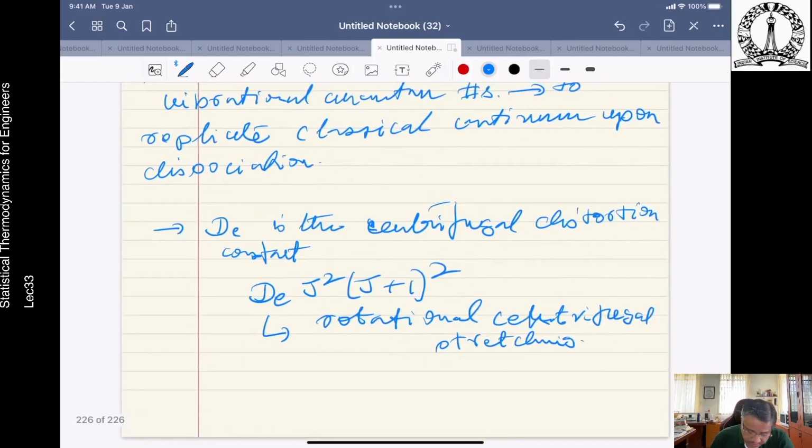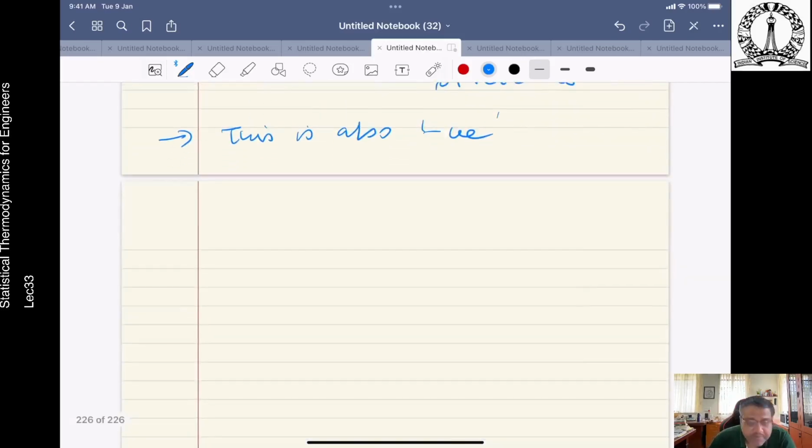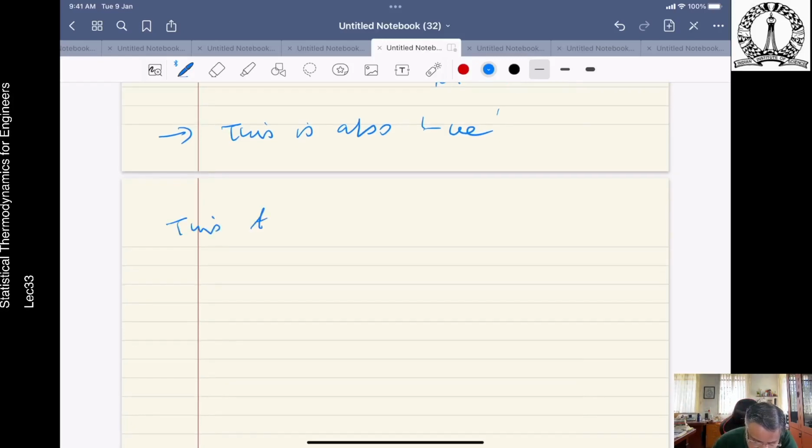This is also a negative correction. Why is it negative? That is because enhanced centripetal acceleration at high rotational quantum numbers must increase the moment of inertia, thus effectively reducing any rotational energy. So the correction term is negative.